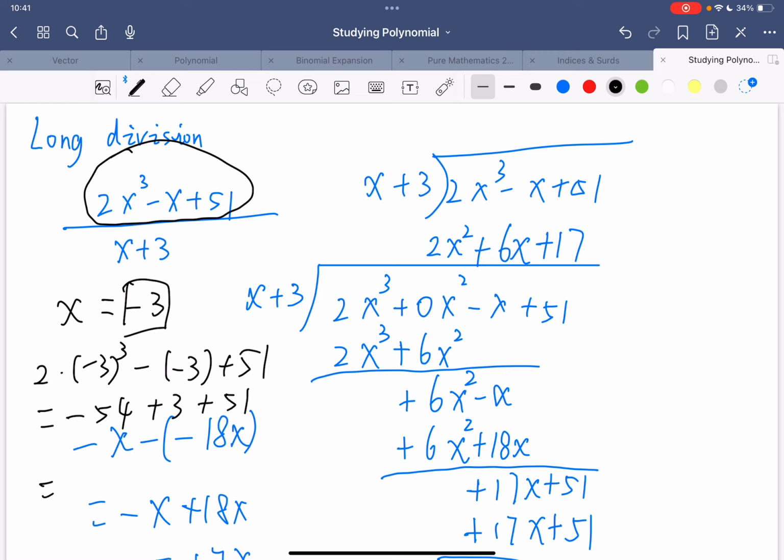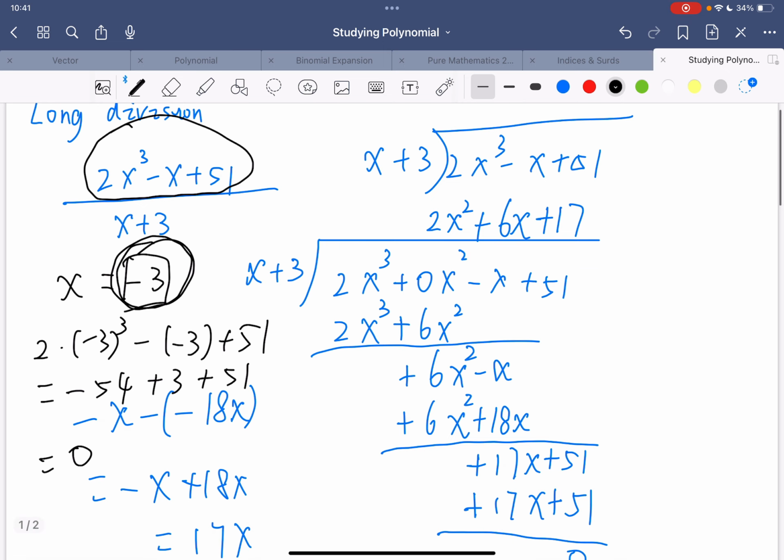Okay, it equals 0. So -3 will make the whole expression equal to 0.